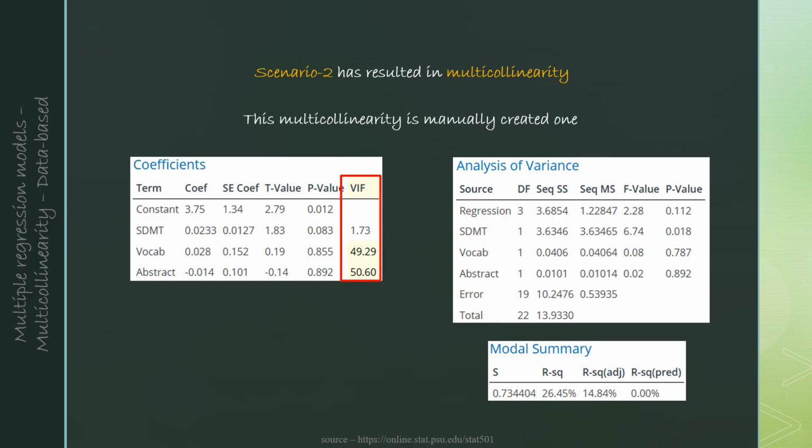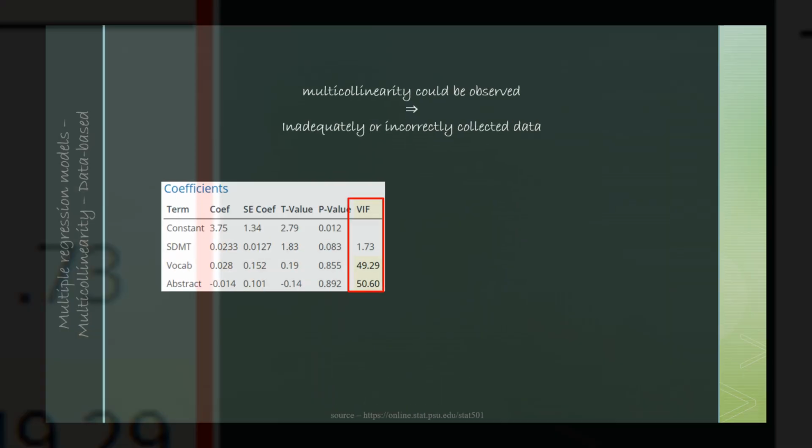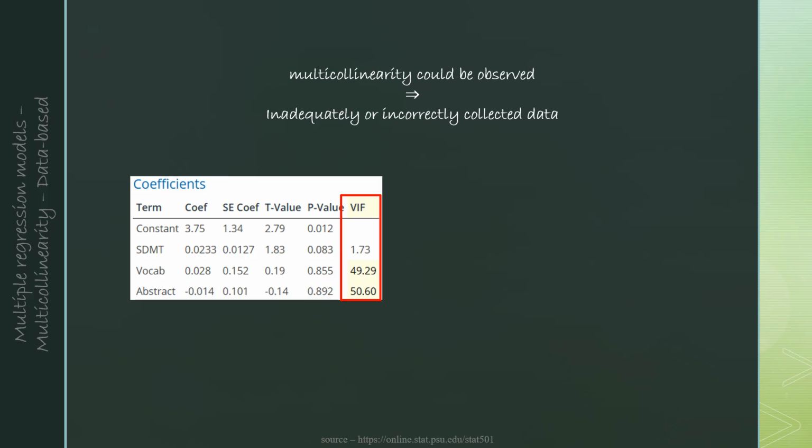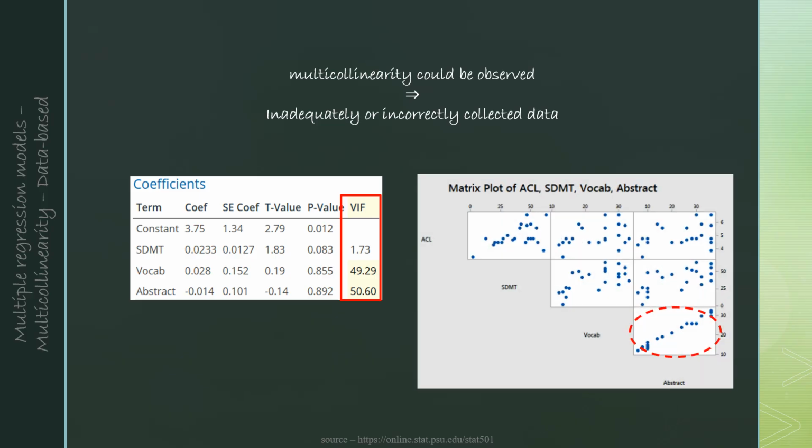This multicollinearity is a manually created one, created for the sake of illustration by carefully picking up a subset of the original sample data set that exhibits a strong correlation between two predictors. By this illustration, we try to communicate the message that at times multicollinearity could be observed purely because of reasons related to inadequately or incorrectly collected data.